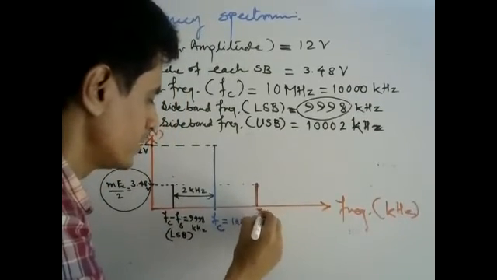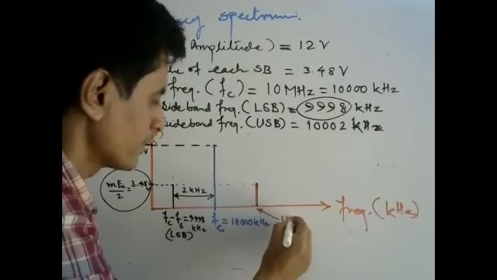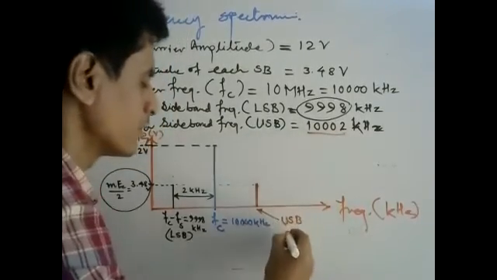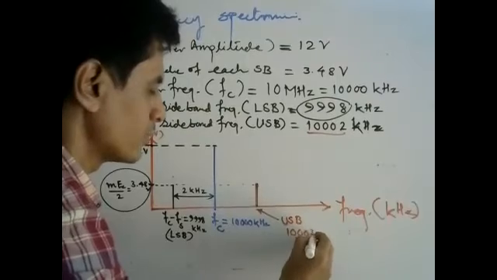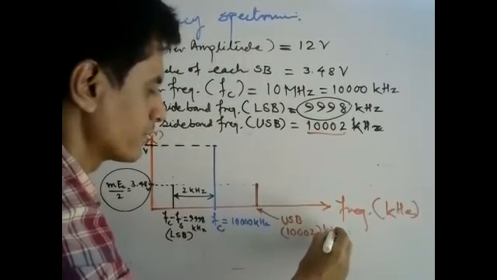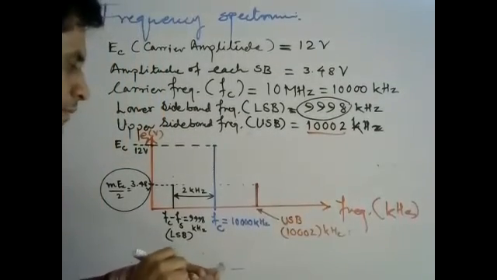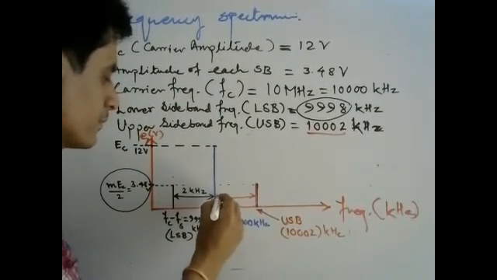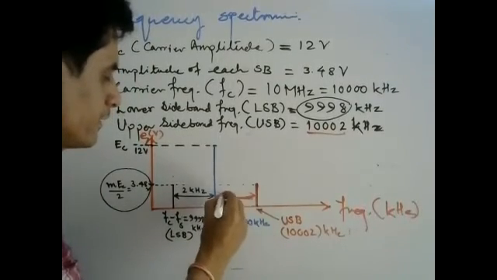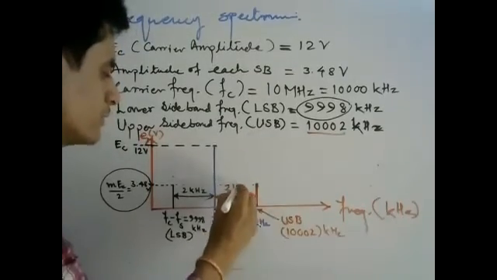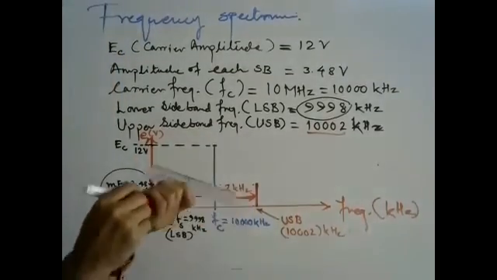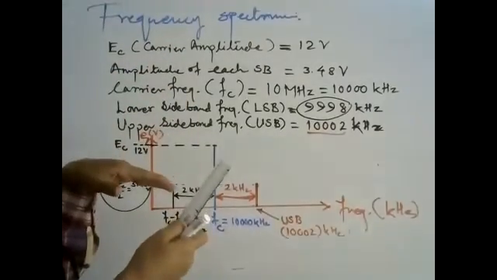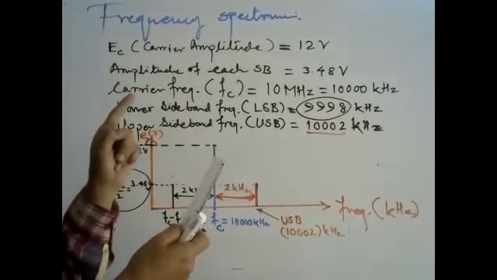This is the USB. Again, what is the frequency difference here? 2 kilohertz. This is the procedure to draw frequency spectra.